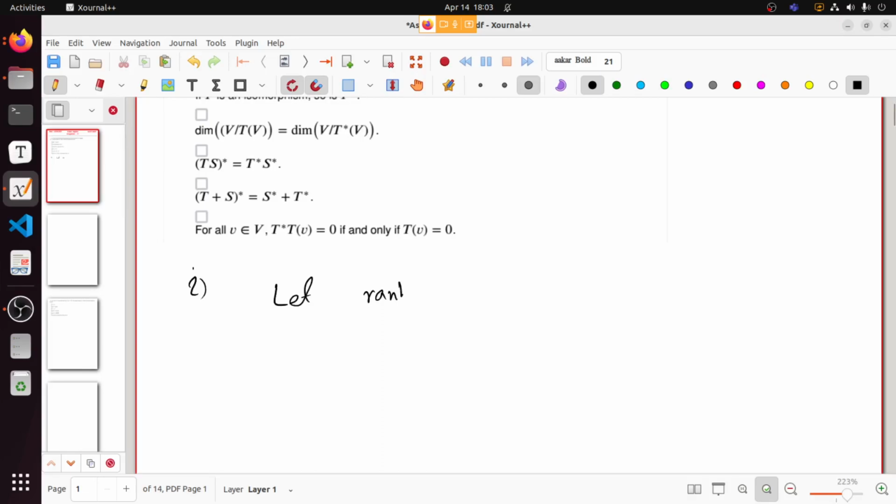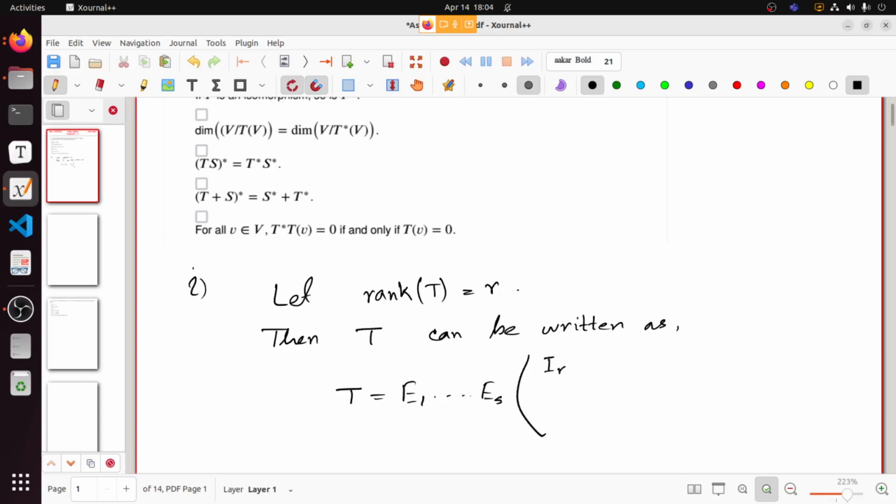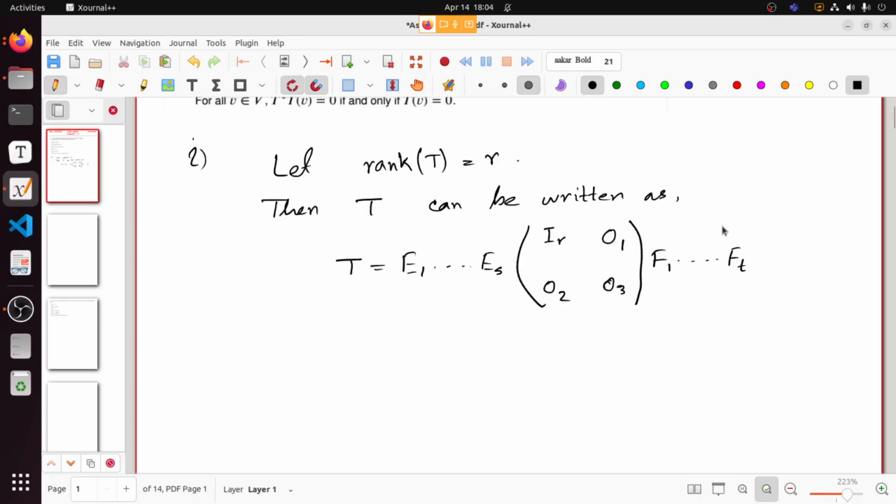Let rank of T equal R. Then T can be written as E1 through ES, times the block matrix with identity matrix of order R and zero matrices, times F1 through FT, where the Ei and Fi are elementary matrices.